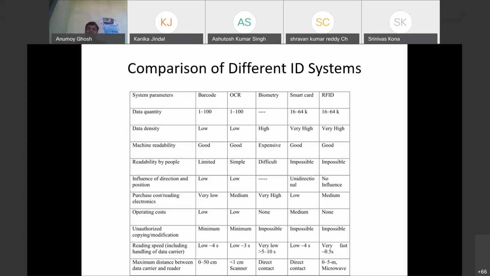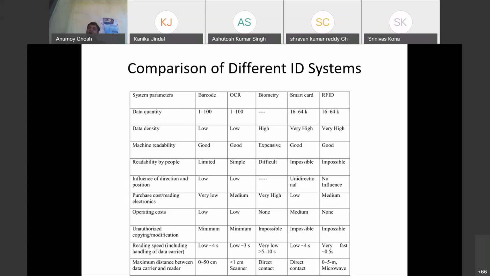And then the readability by people. Here comes the security part. For RFID, readability by people is almost impossible, because whenever there is communication from the reader to the tag, it is an encrypted data communication. The data encrypted by the reader can only be read by the tag.